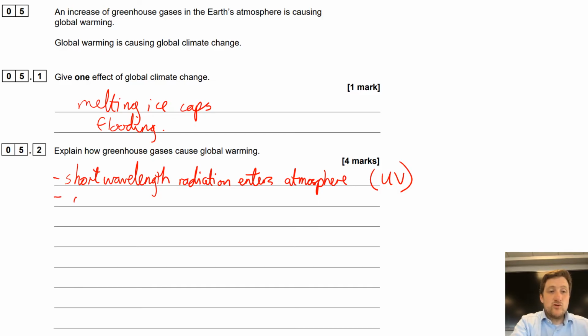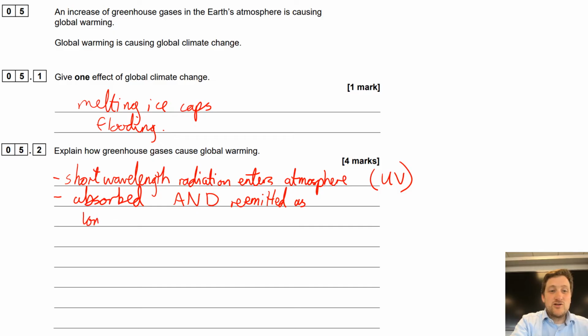Okay, it's absorbed, but crucially, this is where it's really, really important. It's absorbed and re-emitted. It's not just absorbed, it's re-emitted as longer wavelength radiation.